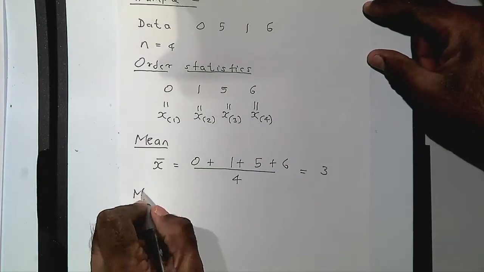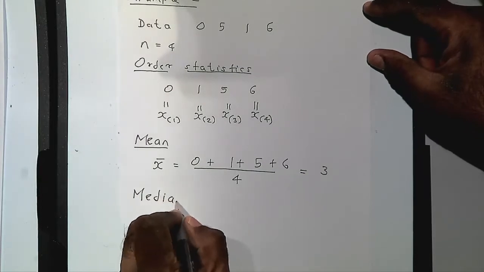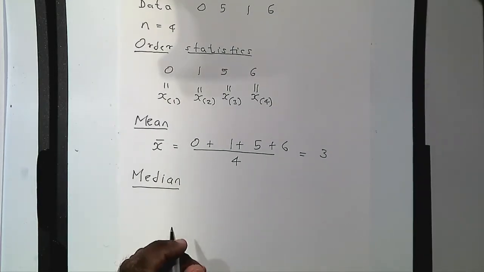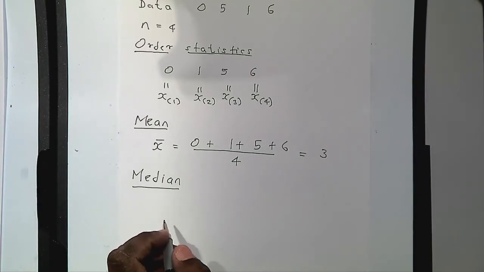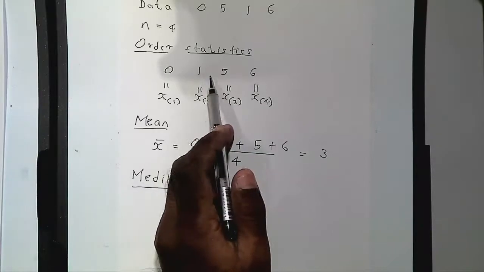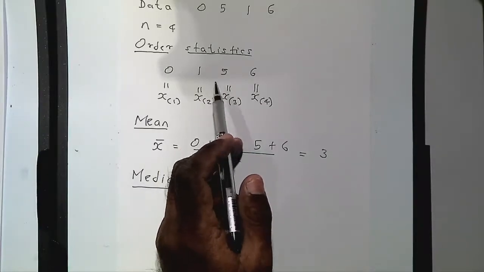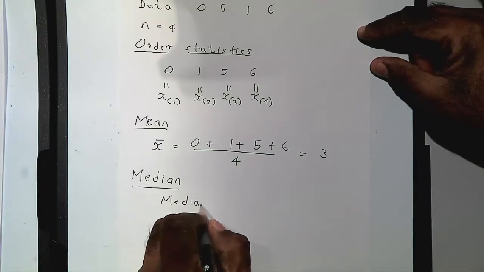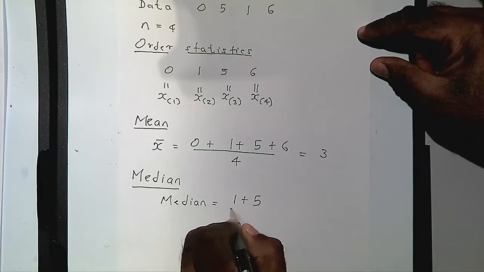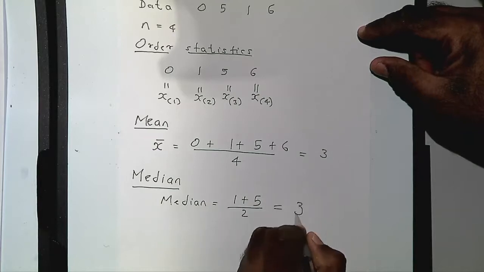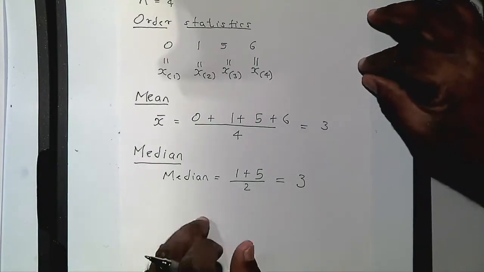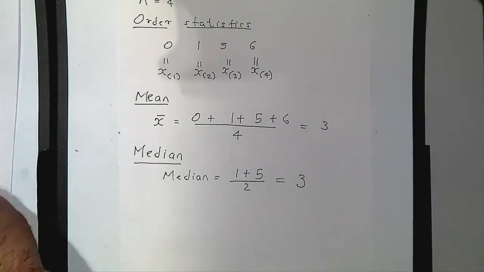The median is going to be the middle, right, because here we have an even number of data points. What you do is you take the middle 2 points, which are 1 and 5, and you take the average of them. So the median will also be 3. And in fact, you can check this using the other formula I gave you.